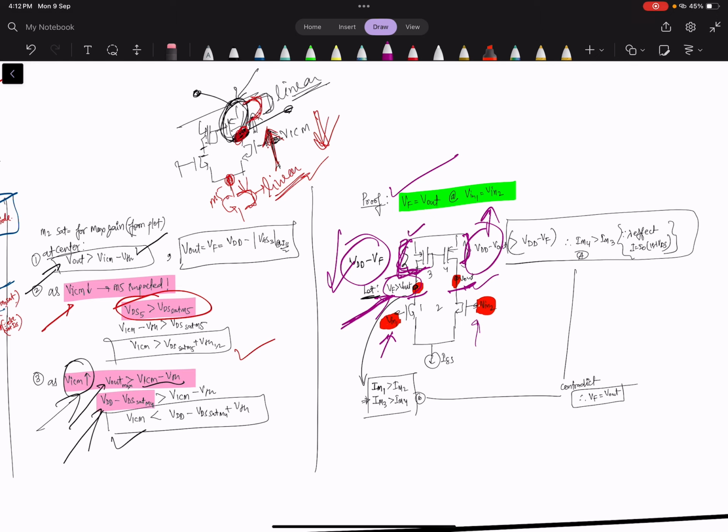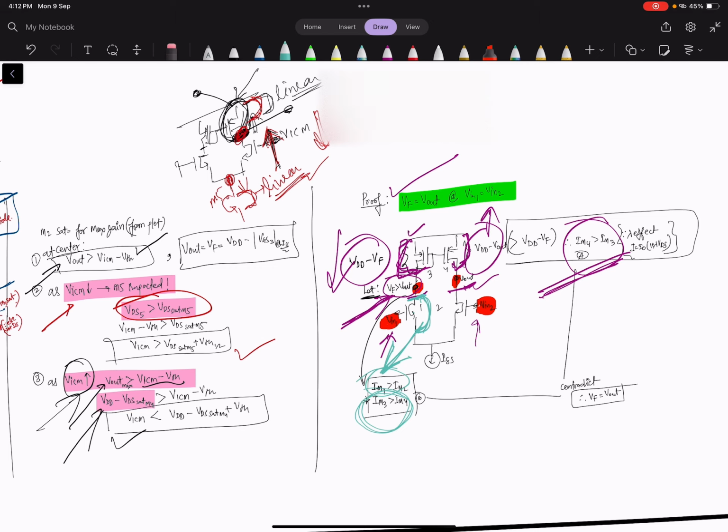So hence IM4 is greater than IM3. This is the first point. Now the second thing: since this voltage is higher, this VDS is higher, so IM1 is higher. IM1 and IM3 are the same, so IM3 is greater than IM4.